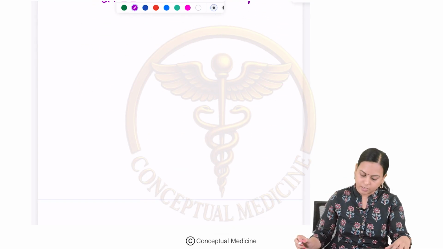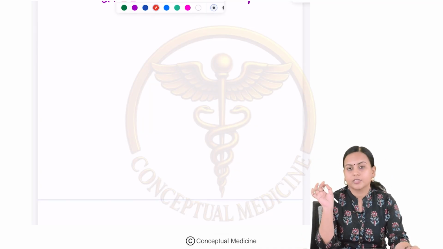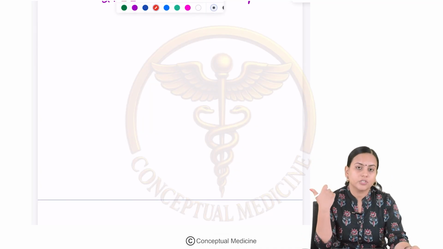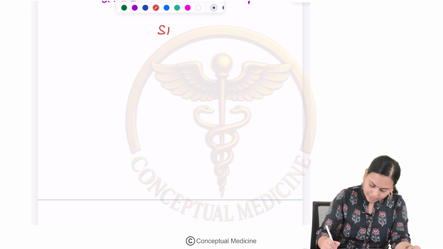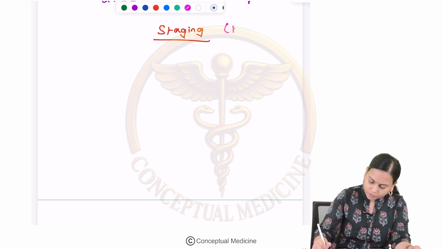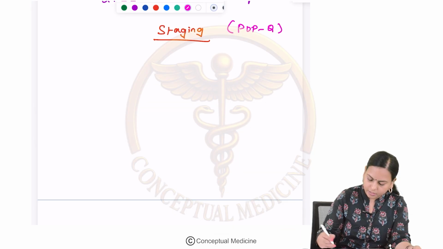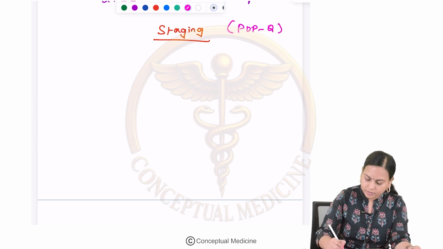Clear? Now, after measuring these points and diagnosing which compartment is affected, we are going to give a staging for the pelvic organ prolapse by this POPQ system. Okay? So, let's see how the staging is given by POPQ classification. There are 5 stages here.